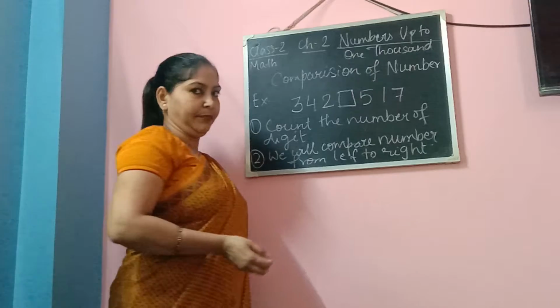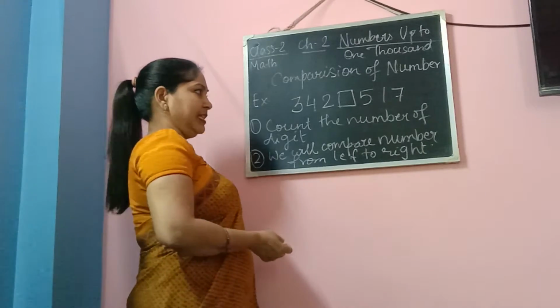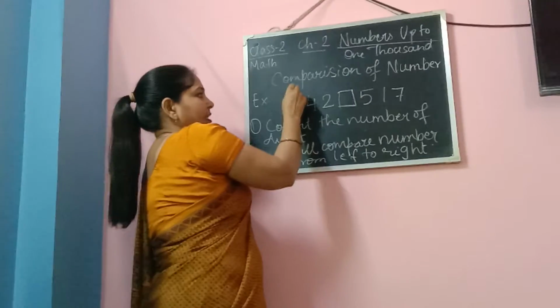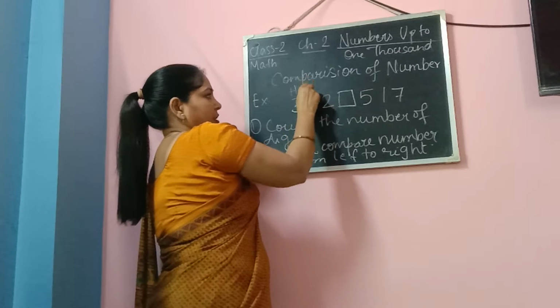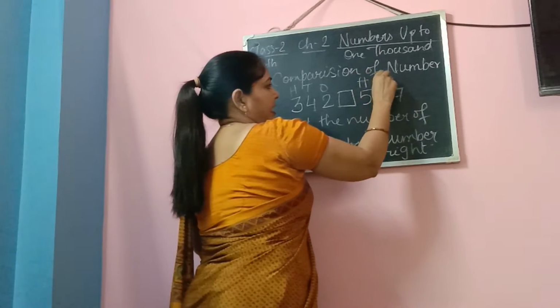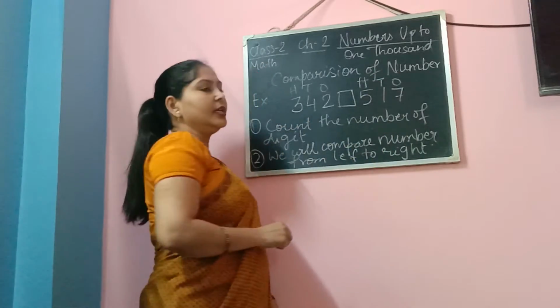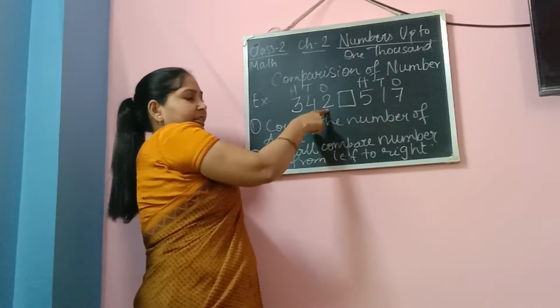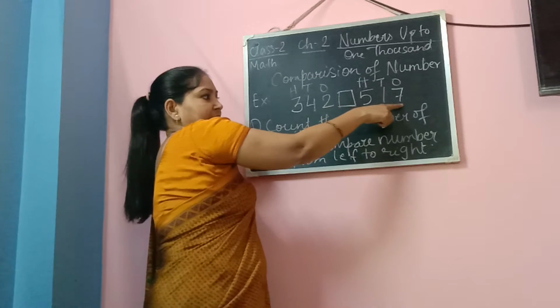This is the next step. Left to right means what? Now let us write the place values here. H, T, O. H, T, O. Okay. So left is this and right is this. Here left is this and right is this.